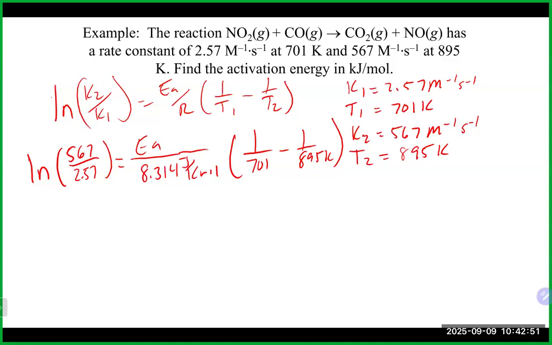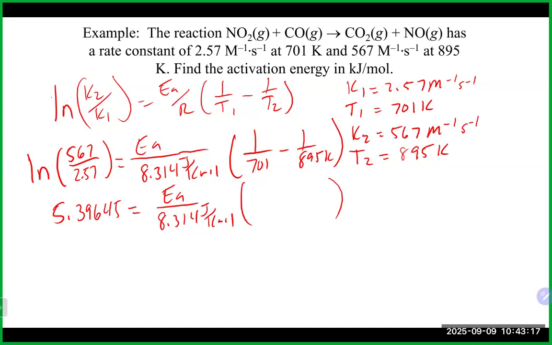And cleaning up, we'll go left-hand side here first. Remember, you do want to divide the 567 by the 2.57 first, and then take the natural log of it. And I'll get something like 5.39645 equals my E of A over 8.314. And maybe we'll clean up what we got going on in here.